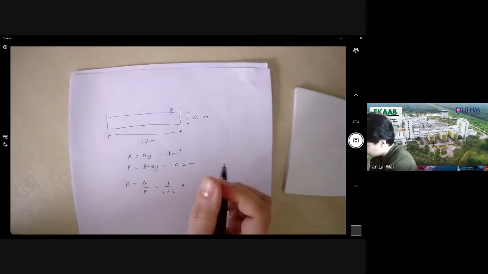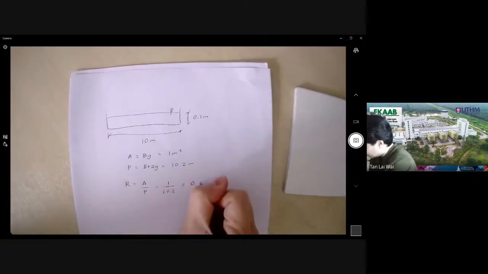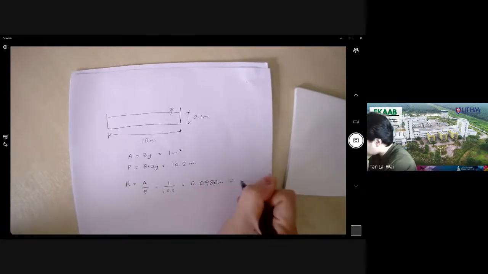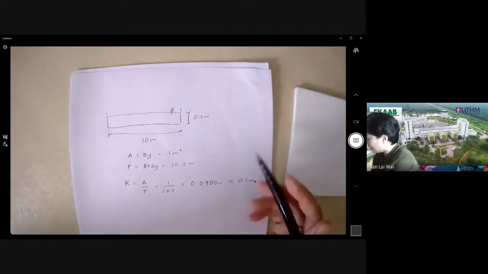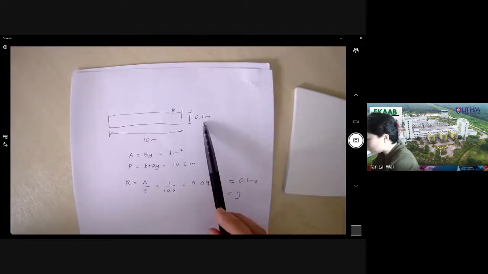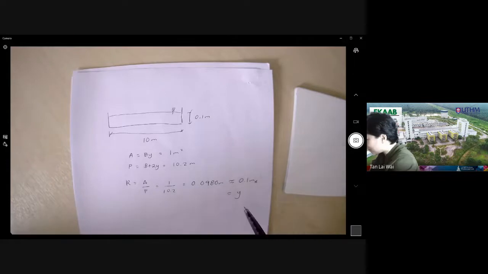What you will get is 0.0980 meter, which is almost equal to 0.1 meter, your Y, the depth of flow. Even if the ratio is much smaller, R is definitely almost equal to Y.